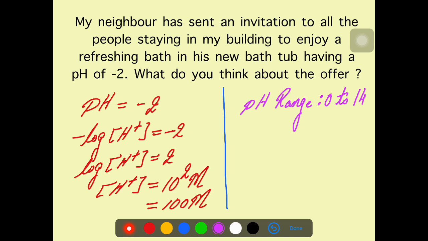So initially when the pH range was designed, it was designed to work for weak acid and weakly alkaline solutions. However, obviously for extremely large concentrations of acids, it can be less than 0. For example, for a 10 molar HCl solution, the value will be negative log of 10, which is minus 1.